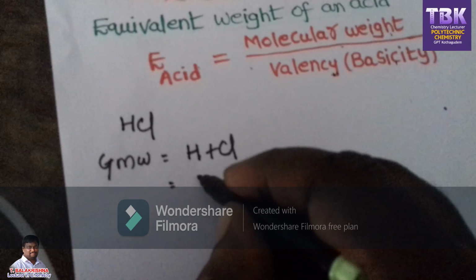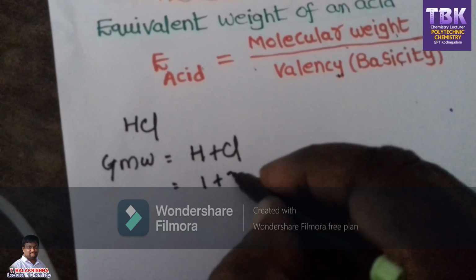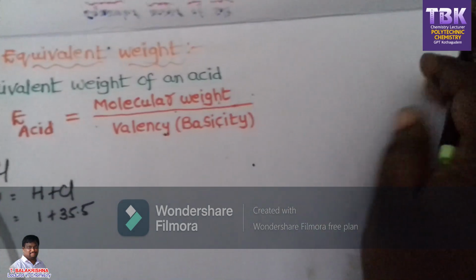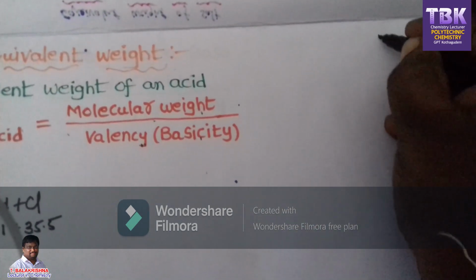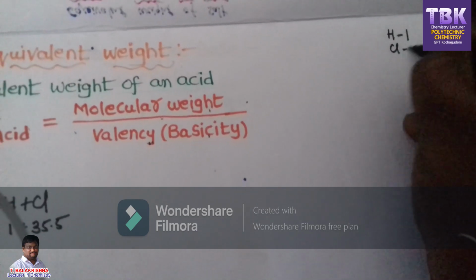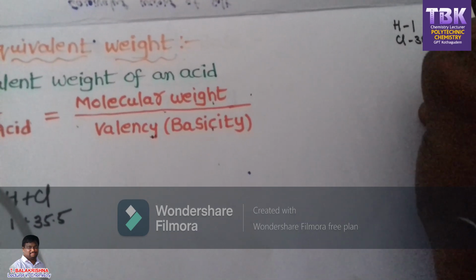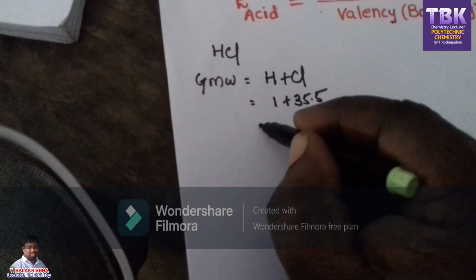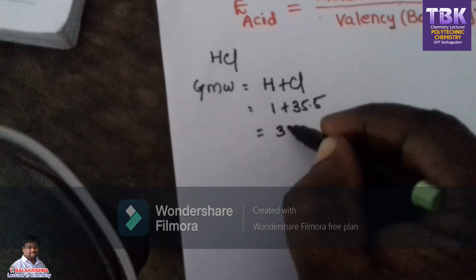Hydrogen weight is 1, chlorine weight is 35.5. You remember these values. What is the weight of that molecule? 36.5.